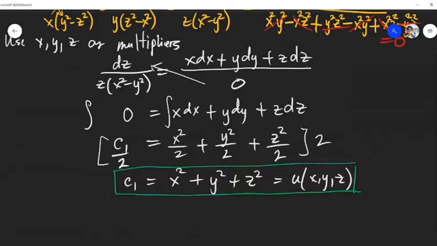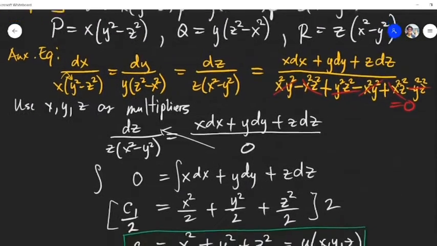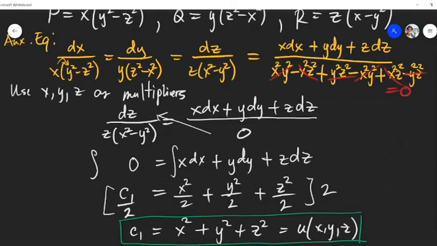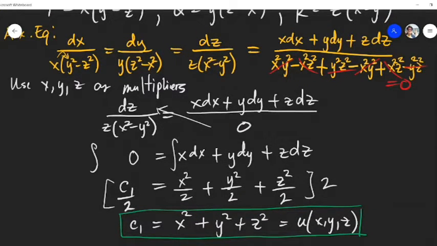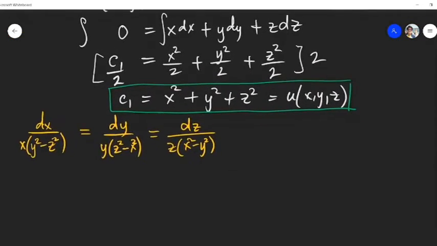Okay, so for our second solution, again, we cannot easily use grouping methods, so we are going to find another set of multipliers where we can easily equate the denominators into 0. Okay, so if we take a look at the auxiliary equation again, we have y squared then minus y squared, negative z squared, and minus x squared, positive x squared.